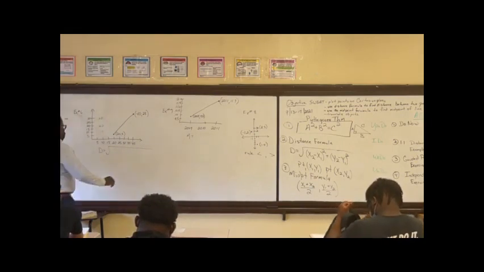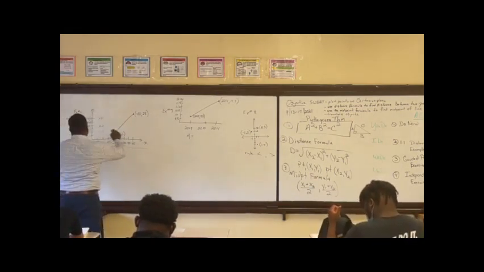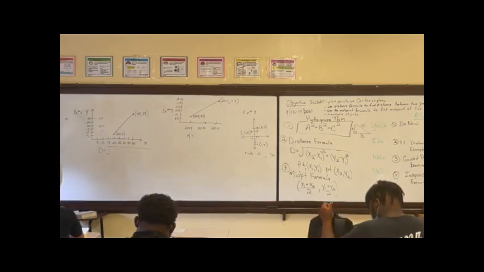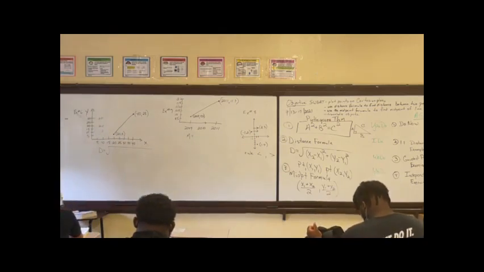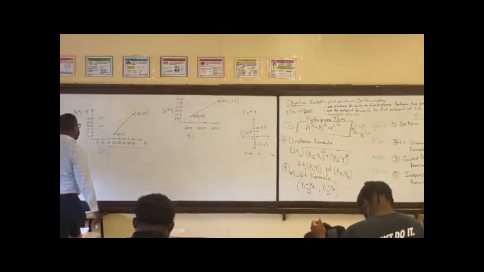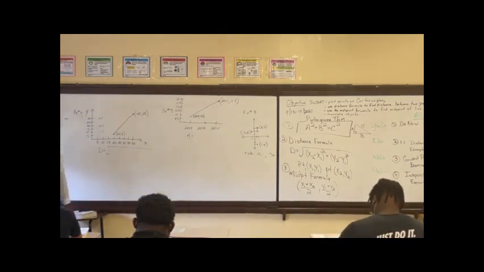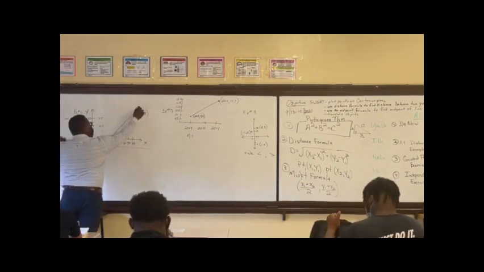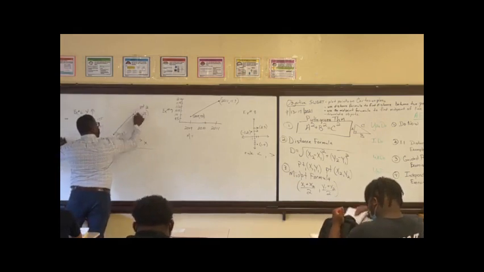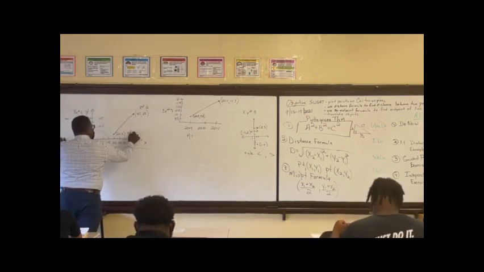Notice we're going to use this as an x and a y, and we just have to keep it consistent. So let's pick a point. Which one are we going to pick to be point 2? We'll use this one as point 2, and this one as point 1.